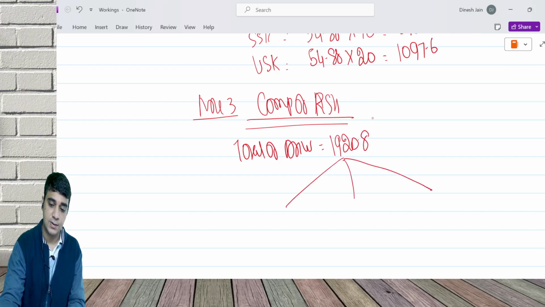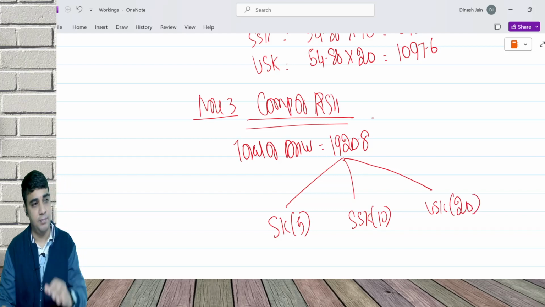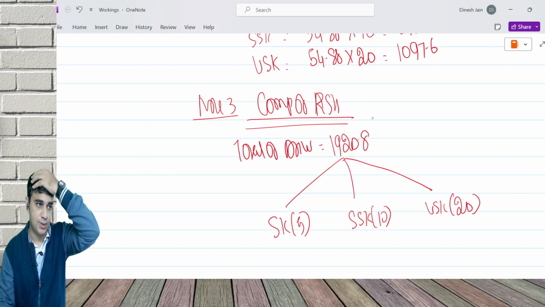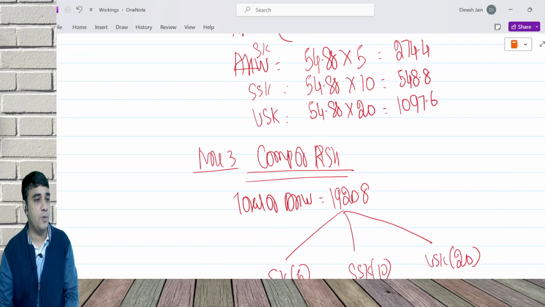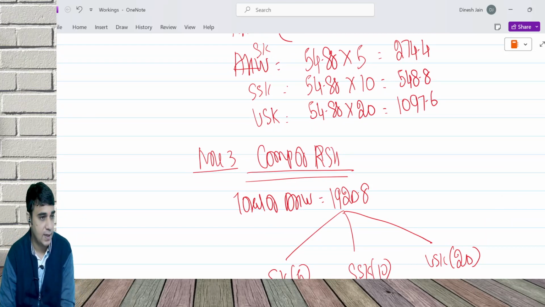Split this skilled, semi-skilled, unskilled in the planned ratio 5, 10, 20. You will end up getting the same number. So this step is of no use in this question. You added the three numbers 274, 548 and 1097 and now going to split it. When you split you will get the same numbers. In this question it doesn't serve any purpose, but in a lot of other questions it will have utility.